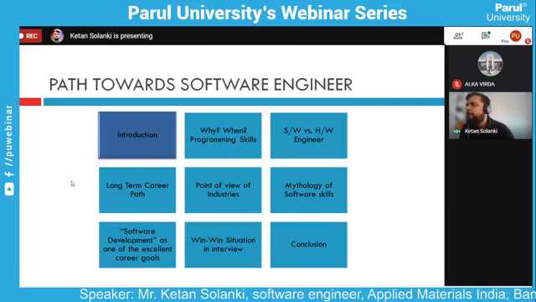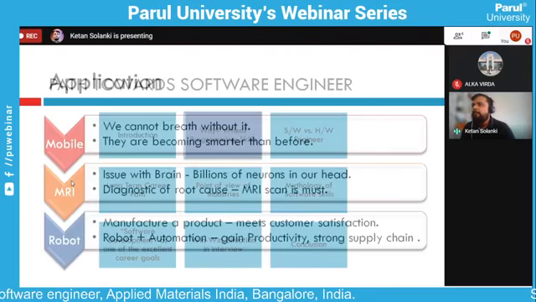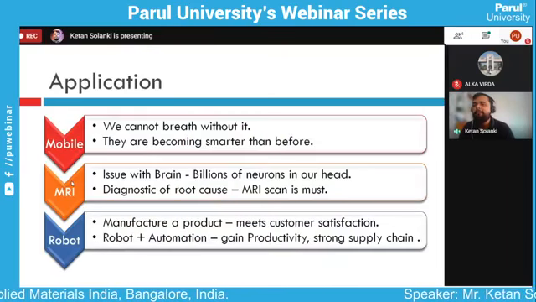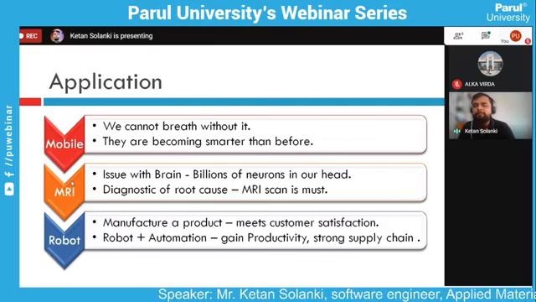We'll switch over to the actual concept, like why we need a programming skill and when we need it. To start with, we have some application points of view to give a better idea of why we require this programming skill. The very first example is the mobile. We cannot even breathe nowadays without a mobile.